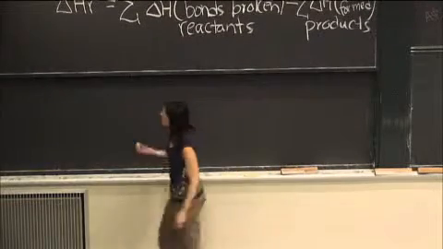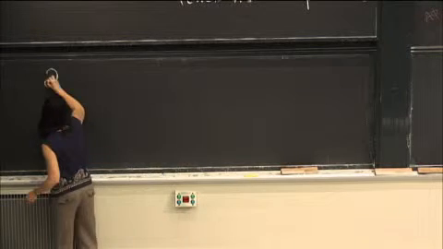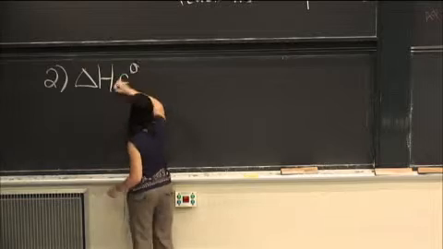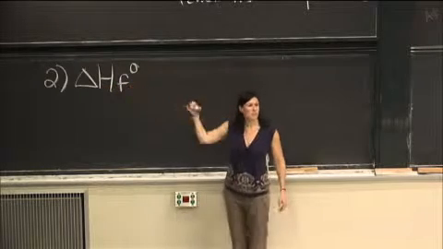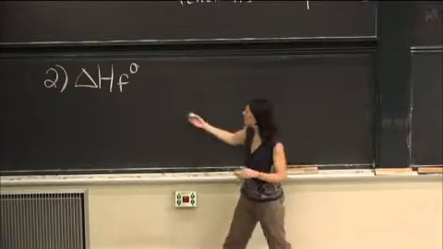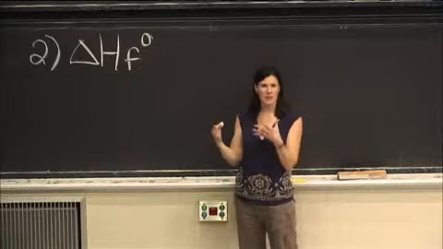The second strategy that we learned is thinking about enthalpies of reaction by using the enthalpy change in terms of the enthalpy of formation. So this one is sometimes a little bit more intuitive because we're talking about the enthalpy change it takes in order to form a given molecule.